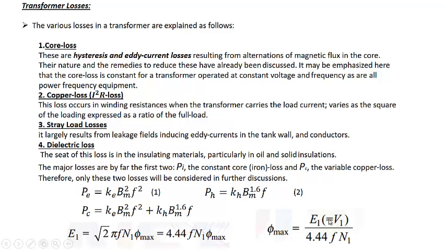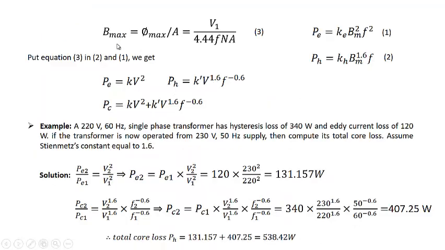We convert this into B, because the equation uses B. So Bmax will be equal to phi max divided by A. That means this relation will now be V1 divided by 4.44 F N1 into A.